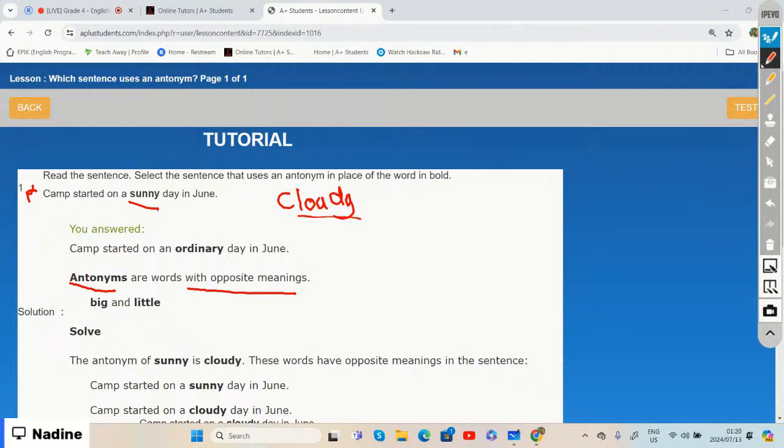You can say cloudy or you can say rainy, because basically the opposite of it being sunny is either cloudy or rainy. Because if we were to say the opposite of rainy, we would say it is sunny. So you can either say it is cloudy or rainy. So well done.